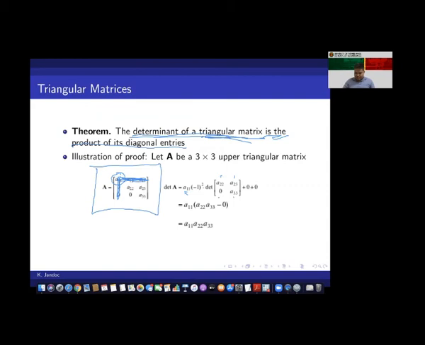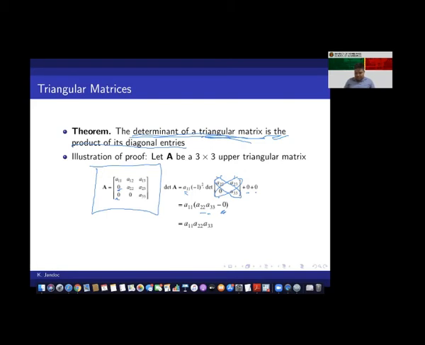Now, this determinant is just A22 times A33 minus 0 times A23, which is 0. Okay? So that's the cofactor associated with element A11. Now the next entries here are just zeros. So 0 times its associated cofactor is just 0.